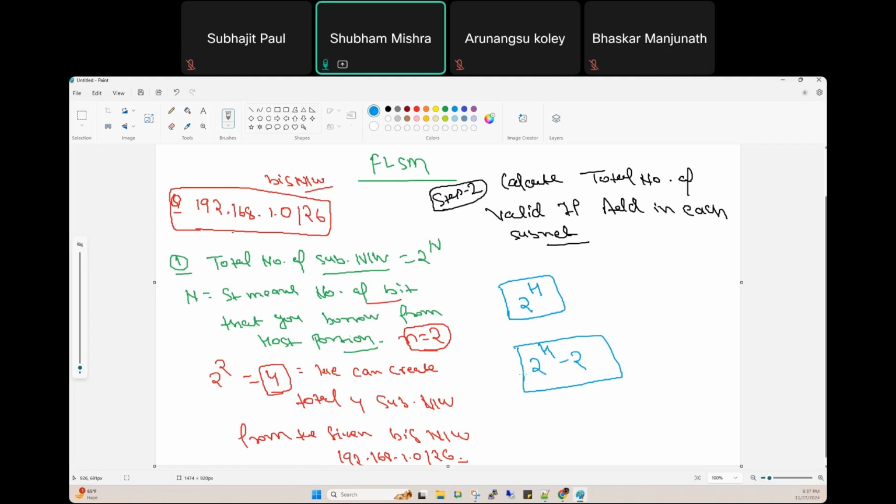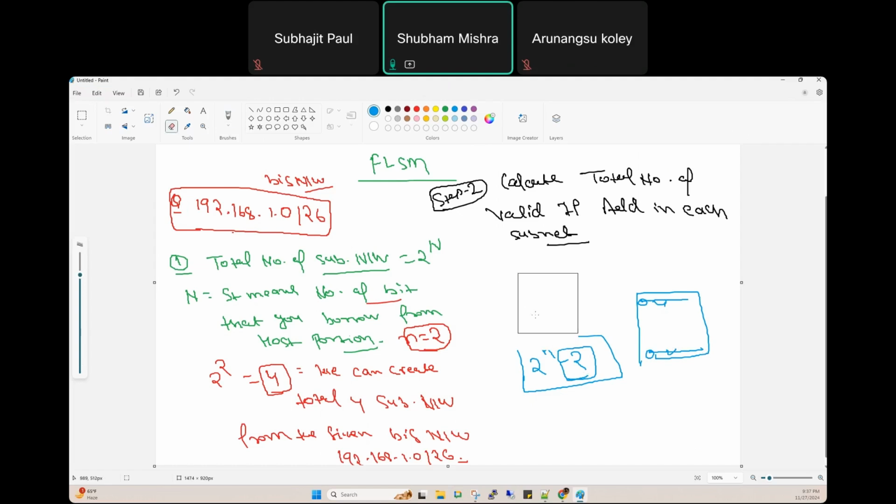Because whatever the network here, the first ID is called the network ID and the last ID is called the broadcast ID. We are not assigning these two addresses to any devices. So that's the reason we minus 2 here. Clear? These things we already discussed in our previous class.